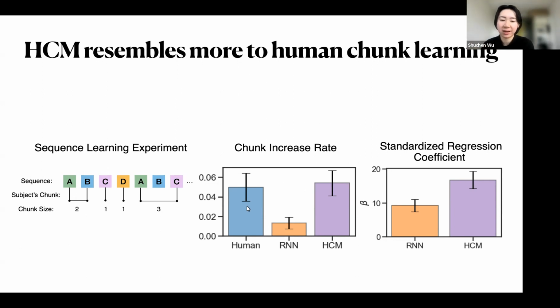We compared that with the same recurrent neural network and the hierarchical chunking model, and showed that HCM learns chunks at similar rates to humans when given the same training sequence. Here we regressed the simulated reaction time, based on the probability from both models, on human reaction time, and showed that HCM has a higher standardized regression coefficient compared to the recurrent neural network.